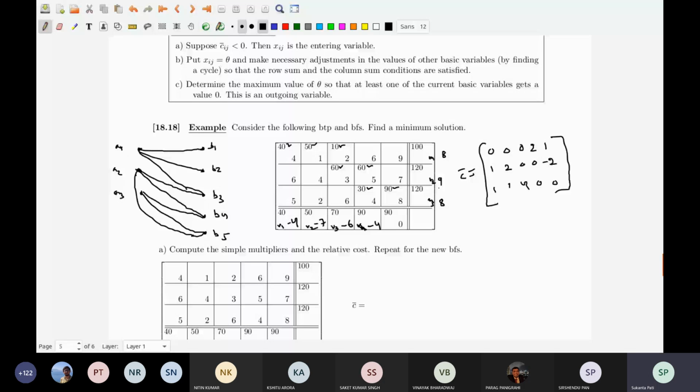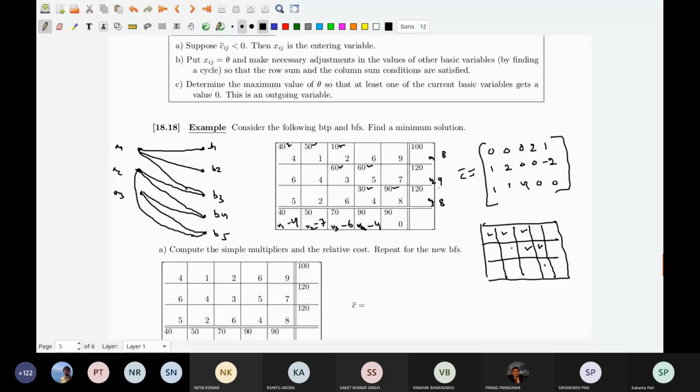So if you actually see in the table itself, okay, you have this one, this one, this one, then this one, and then this one, this one.